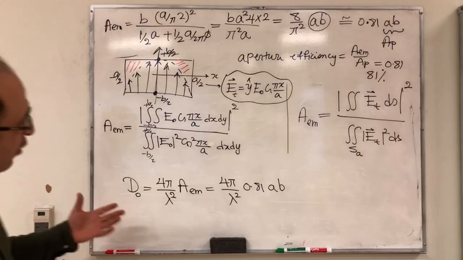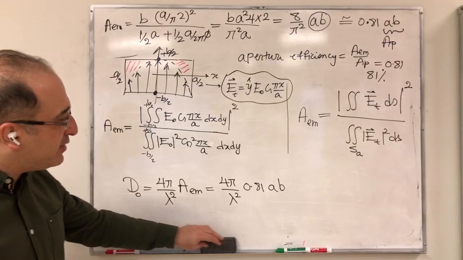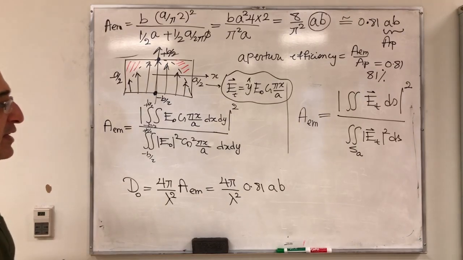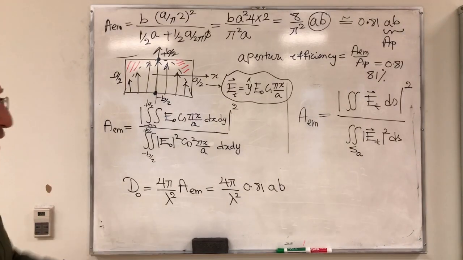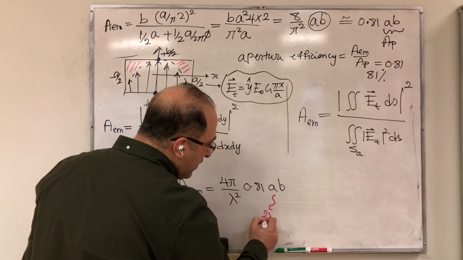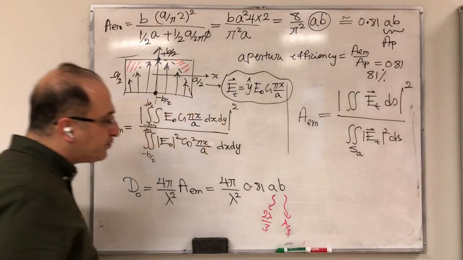Now, for an open-ended waveguide, if I want to get an approximate value for directivity, of course, I need to know my A and B. But before we discuss that, approximately at the center frequency of an open-ended waveguide, you can approximate this by 2 lambda by 3. You can approximate this by lambda by 3.